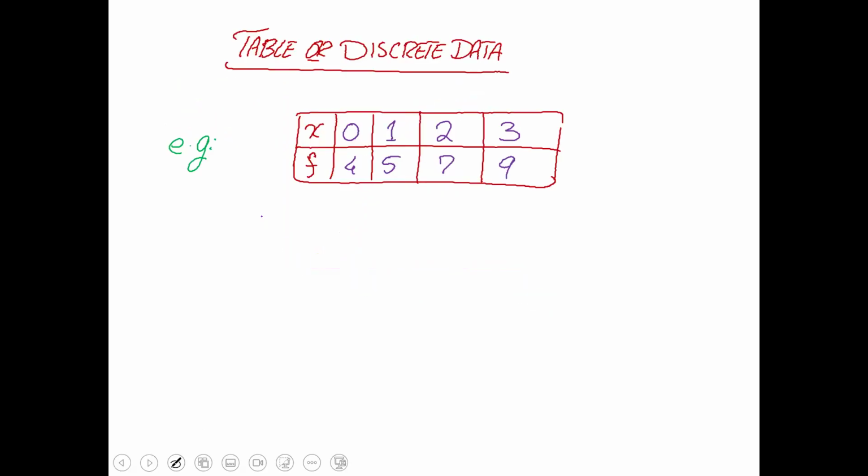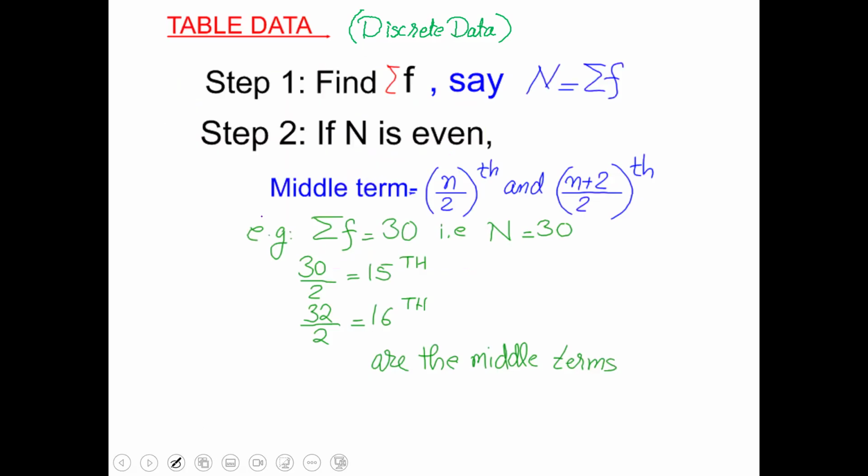Now table or discrete data, this type of data is called discrete or table data. These are the steps. Step 1, find sigma f. Say n is equal to sigma f. If n is even, suppose sigma f is 30, you focus on the middle terms n upon 2.